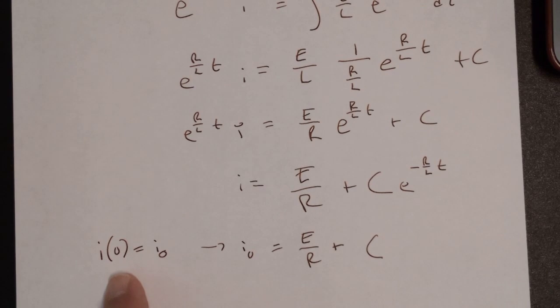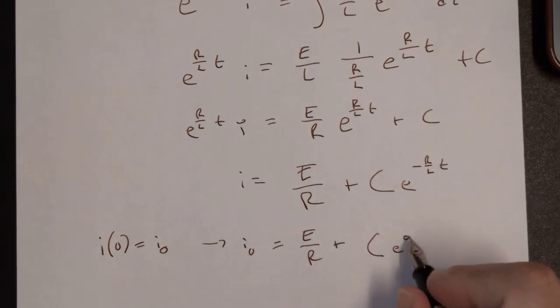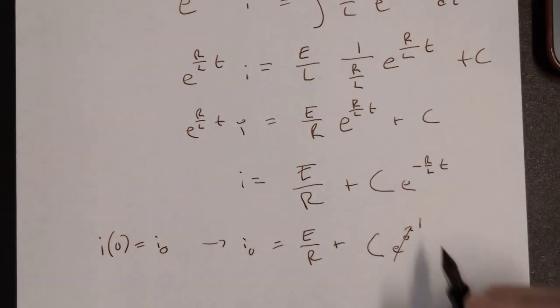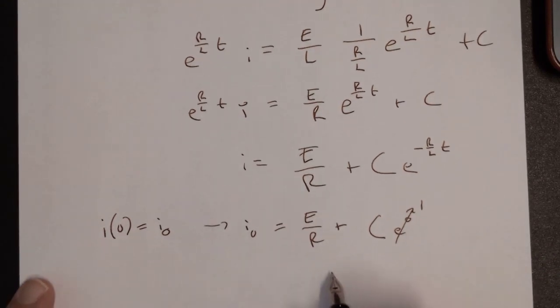This is a t value, so it's e to the 0, which is just 1. Hey, wait a minute. That means that C is I0 minus E over R.